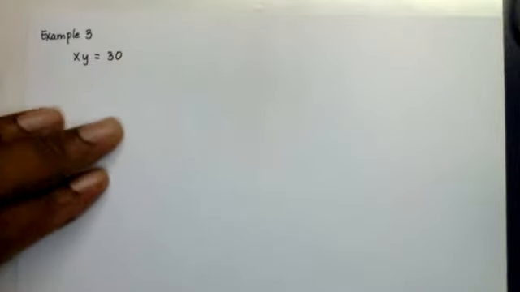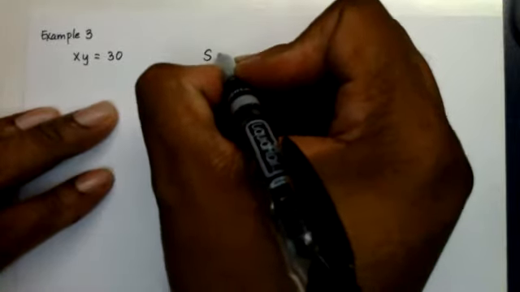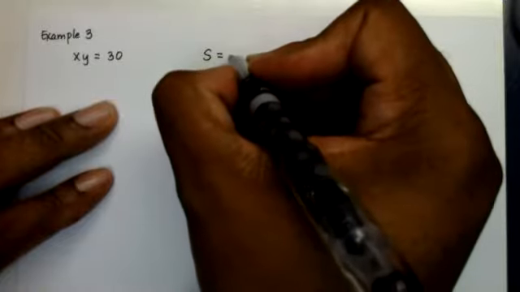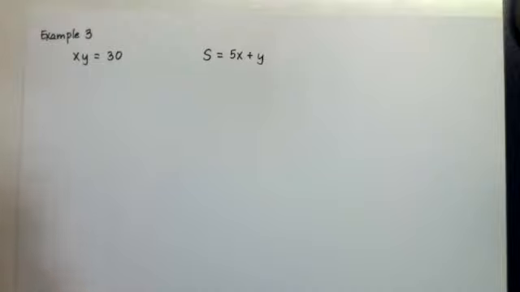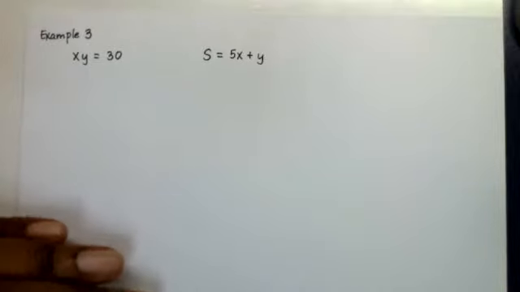Okay. We're looking for positive numbers satisfying the equation x times y is equal to 30. So that's one equation, such that the sum, and that's going to be capital letter S, equaling 5x plus y, is as small as possible.